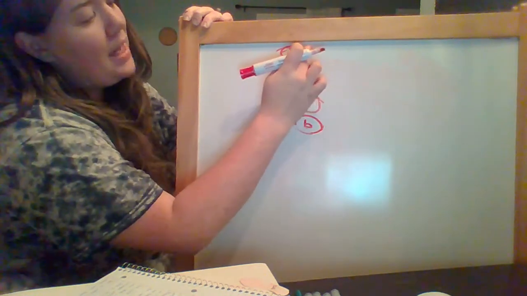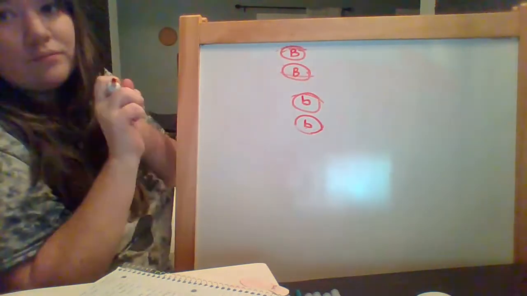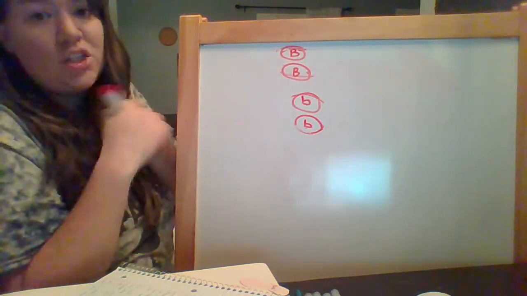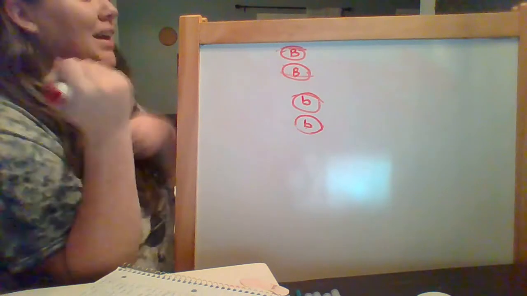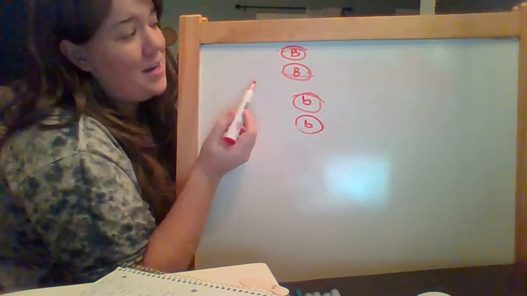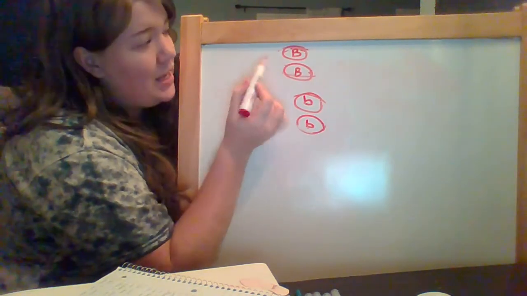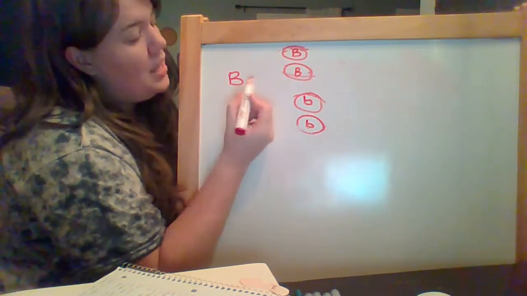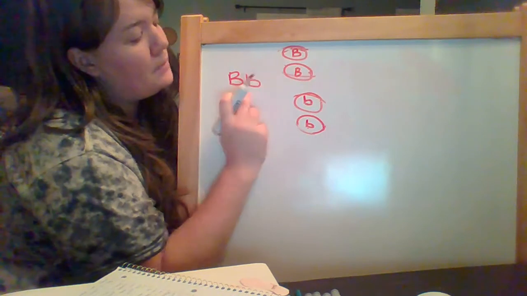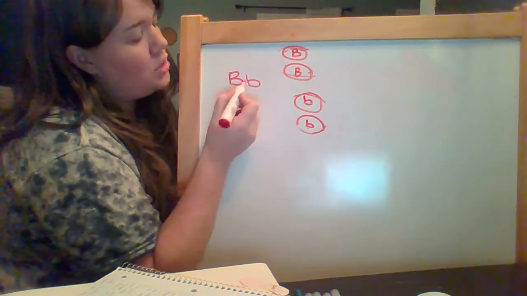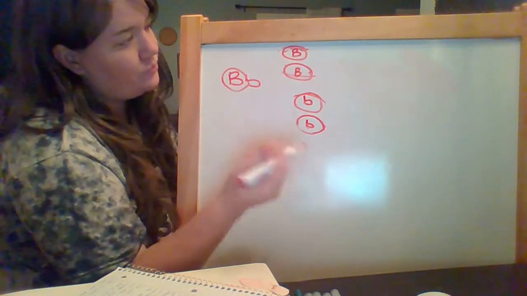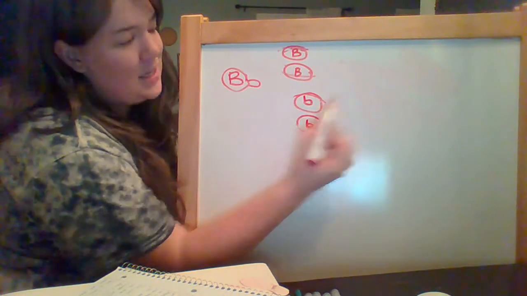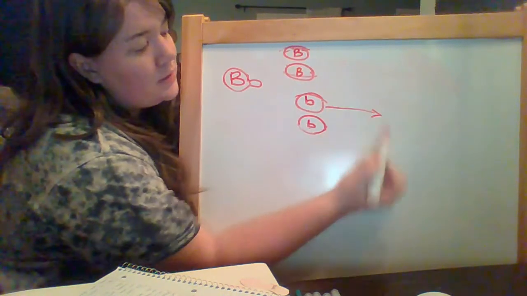which may be passed to you. So even if our dad had brown eyes, he had a dominant brown allele and a recessive blue allele, so he showed up with brown eyes, he might pass the blue allele to you.